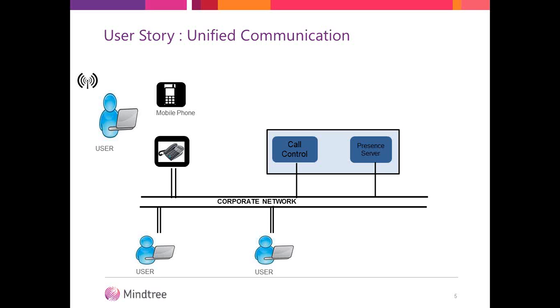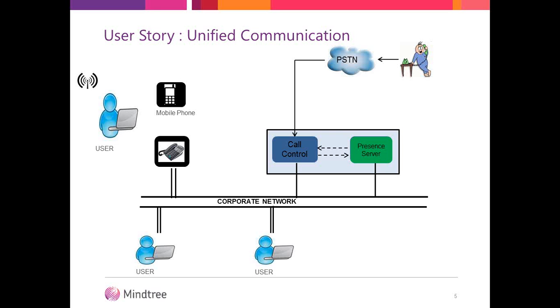Now this organization has a very intelligent unified communication system in place, and an external person is trying to make a call. This call lands on the call control block of your unified communication system. As I said, the system is intelligent enough, so it will query the presence server and try to get information about this user's status.